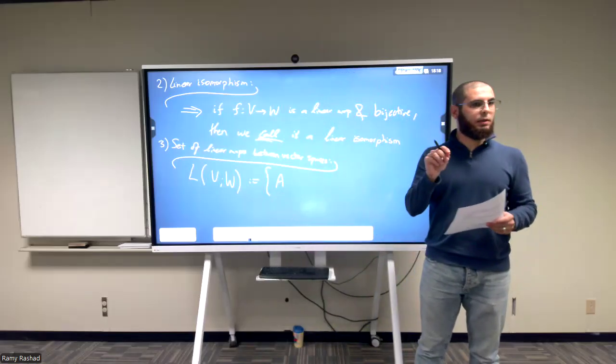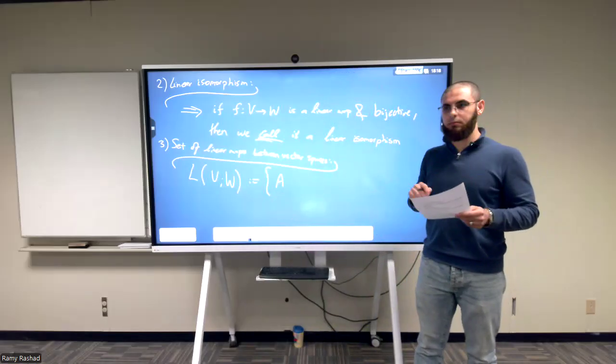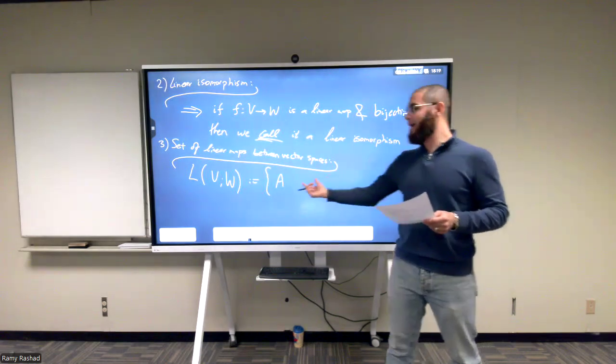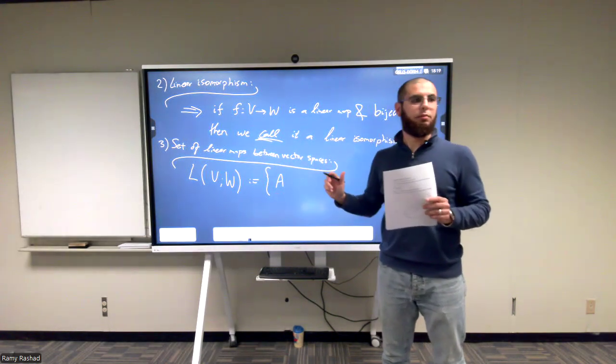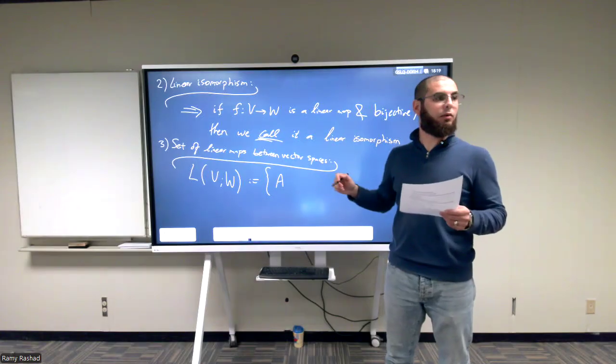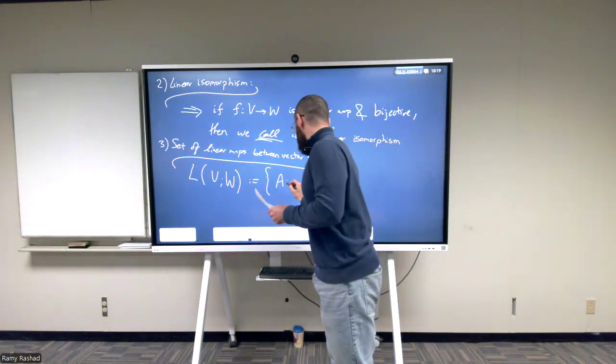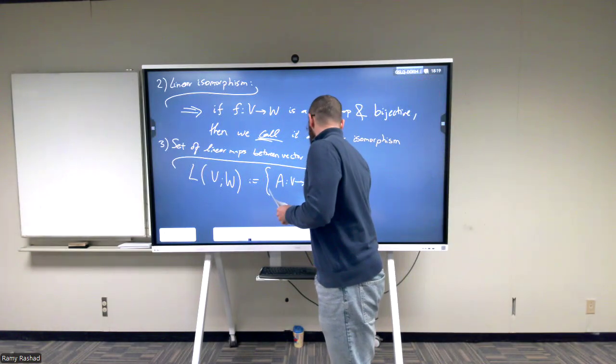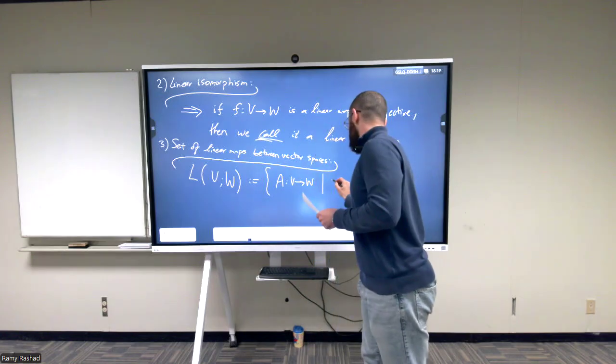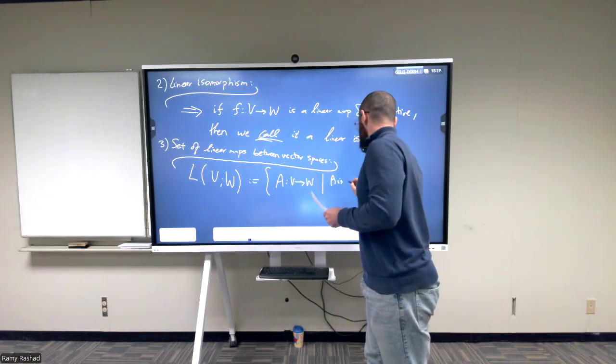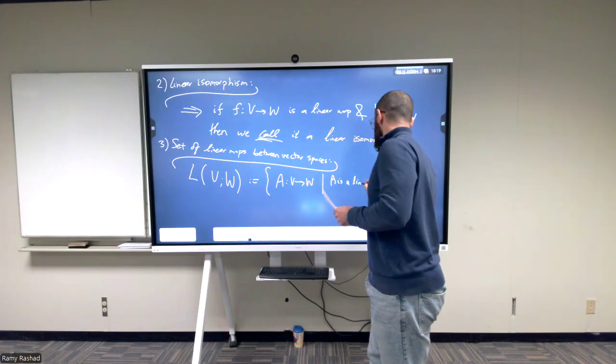So A is a map between V and W such that A is a linear map.